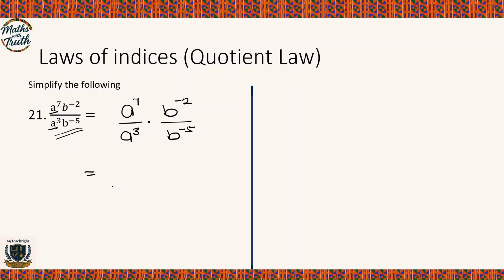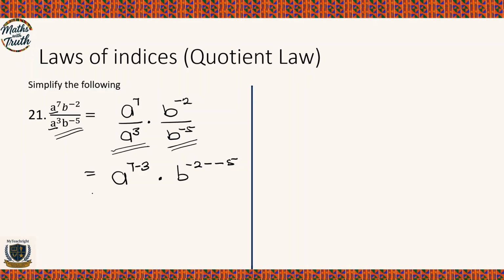And this is equal to a exponent 7 minus 3, applying the quotient law of indices to this one, and then you apply the quotient law of indices here too. So b exponent -2 minus 5, and you should take good care when working with these things. The signs are very, very important.